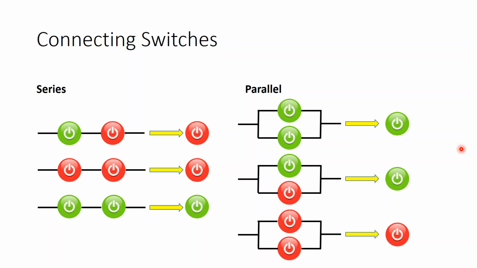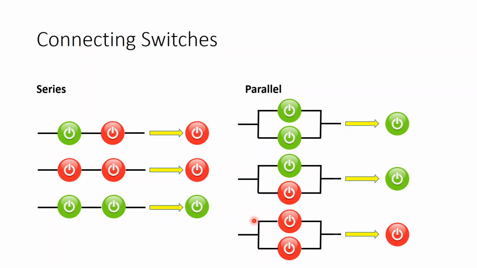So if we are connecting in series, you can very well understand that unless both the switches are on, a signal will not pass through these switches. That means that the total circuit will not be considered as on unless both the switches are on, both the elements are on. Similarly, in parallel, if any of these switches is on, then the entire connection can be considered as on.